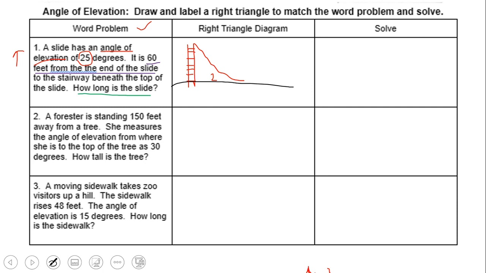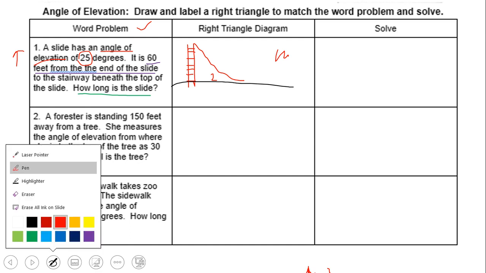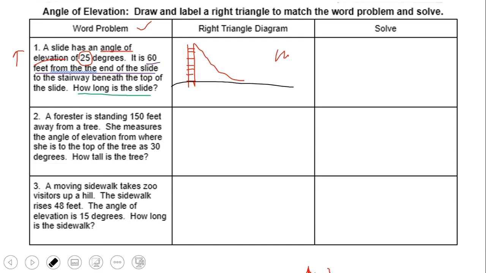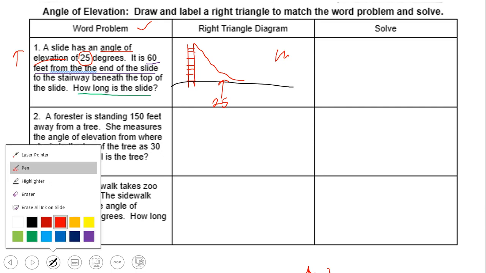It needs to be down here, 25, because I have to look up at the angle. Angle of elevation means you look up. It says that it is 60 feet from the end of the slide to the stairs.